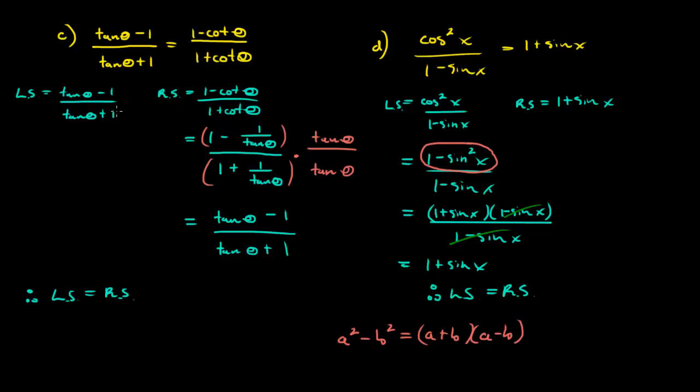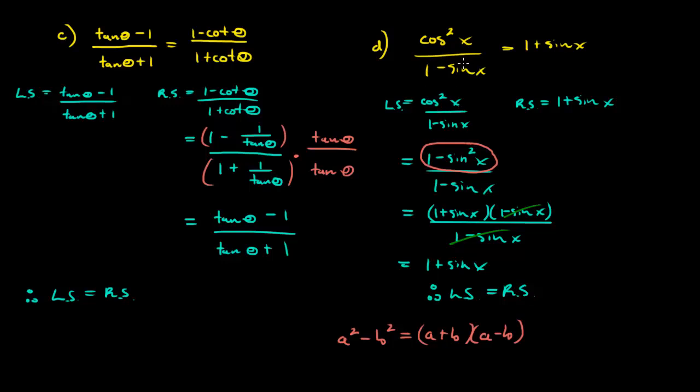And just something to note again is that this identity really only holds if sine of x is not equal to 1. That means that x can't be 90 degrees. x can't be any angle that is coterminal to 90 degrees, actually. So there are limitations to this identity.